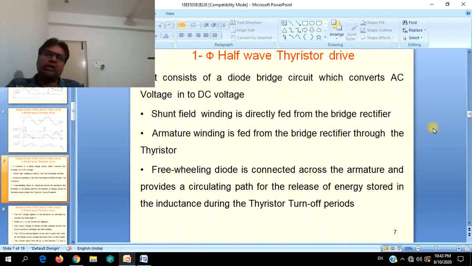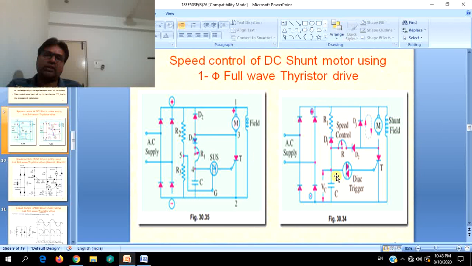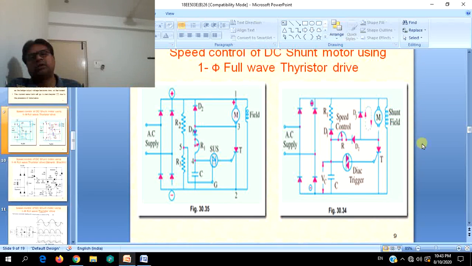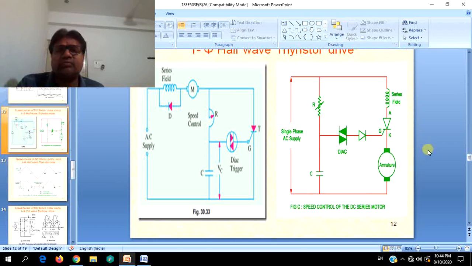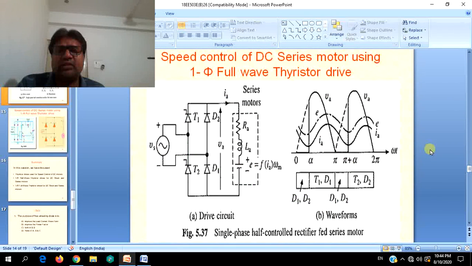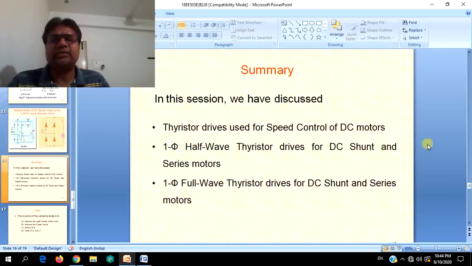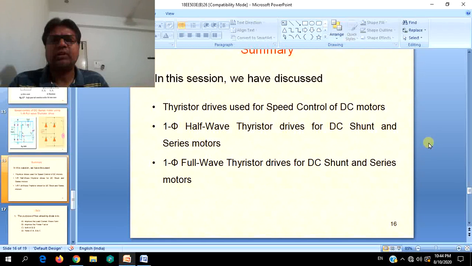So just by understanding the behavior and working of these circuits, make your own notes and try to develop the concepts, how the current flows and voltage develops across the load from 0 to alpha, alpha to pi, likewise. So that is what we have discussed in this session, that is speed control aspects of shunt and series motors.